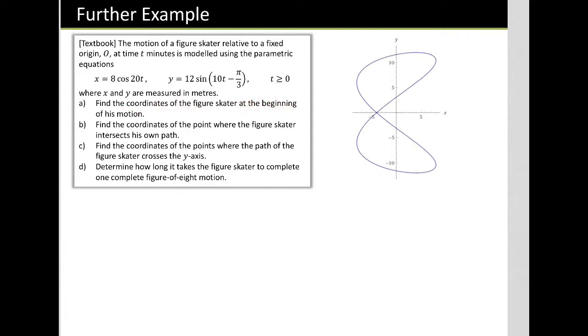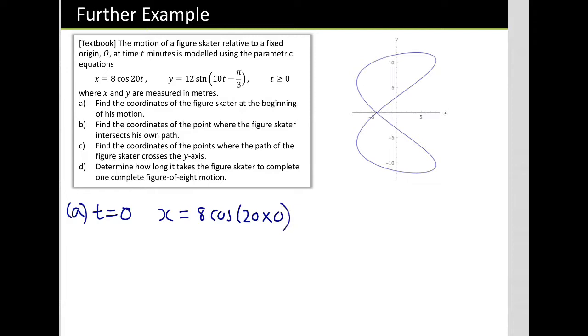So at the beginning means when t equals 0. So let's go with that to start with. So A. I'm looking at the beginning, so at the beginning t equals 0. So x equals 8 cos of 20 times 0.